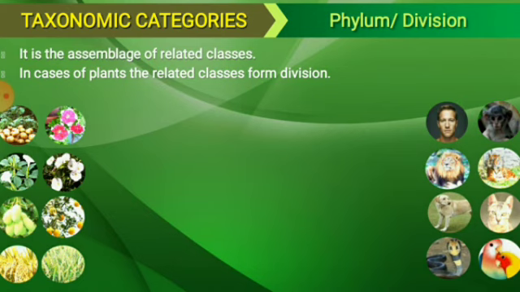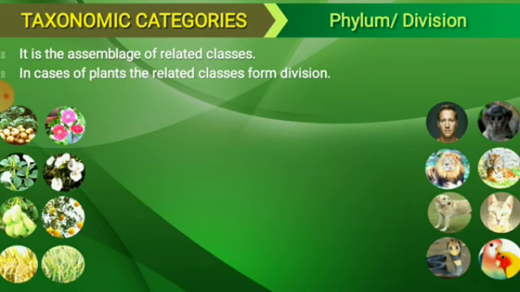It is the assemblage of related classes, which means classes with familiar characters, or classes which include a few similar characteristics, are assigned to a higher category called a phylum or division.